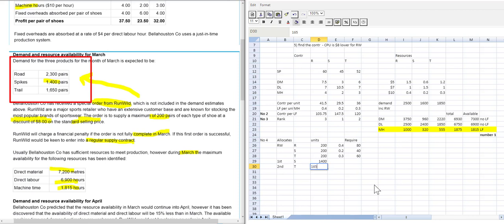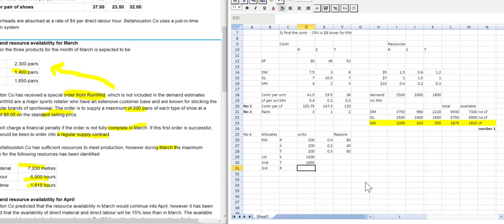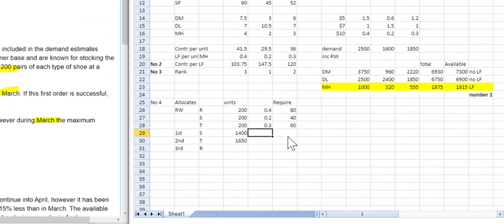And they require 1650. And then third will be our balance, which will be road. So we need to work that out in a minute. So we're going to find out what we need for spikes, which is 0.2, and trail, which is 0.3. Copy that down.